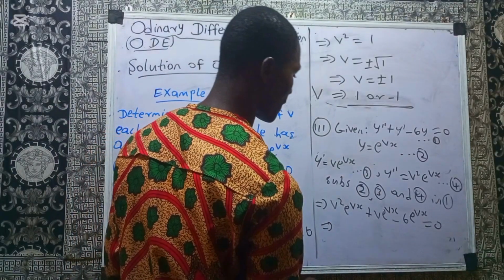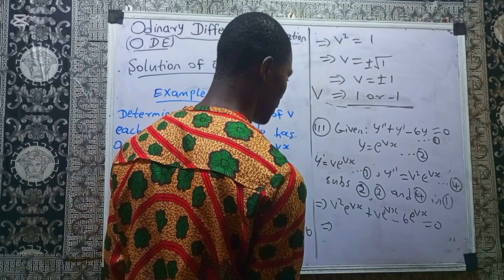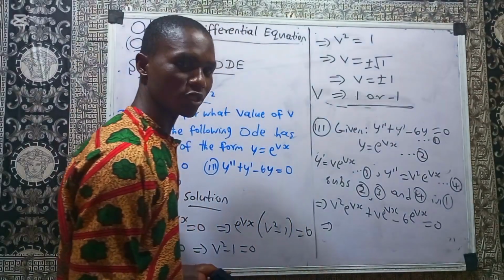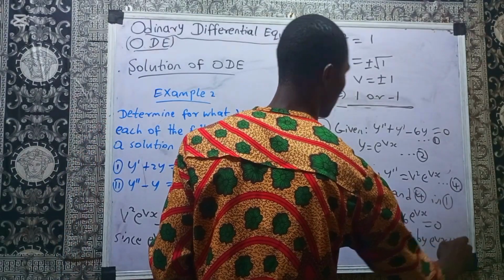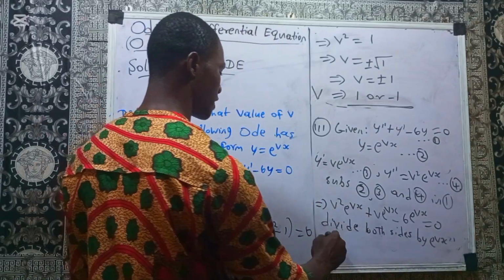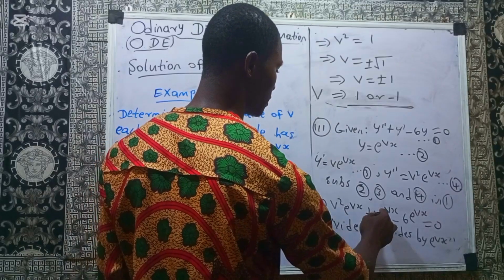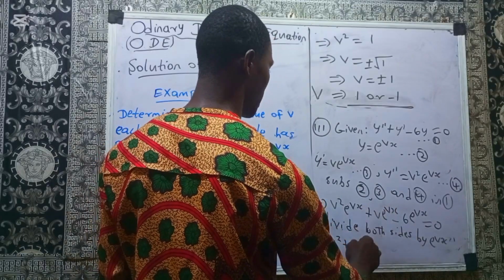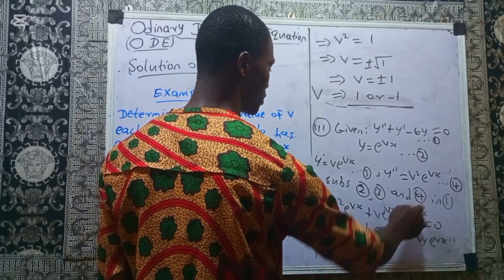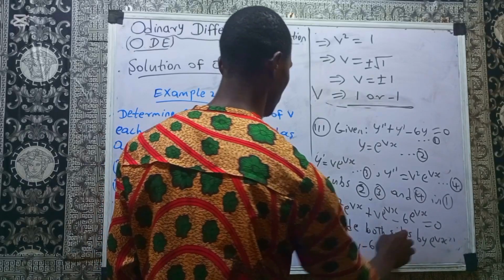What is common is exponential vx in all of them. So we can factor it out, or divide through by exponential vx. Dividing, we have v squared, v, and negative 6, equal to 0.